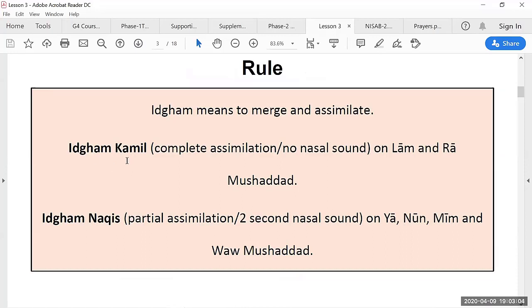Idgham kamil is performed on lam mushaddad and ra mushaddad if they are preceded by a noon sakin or tanween. Whereas idgham naqis is performed on ya mushaddad, noon mushaddad, mim, or waw mushaddad, again if these 4 are preceded by noon sakin or tanween.